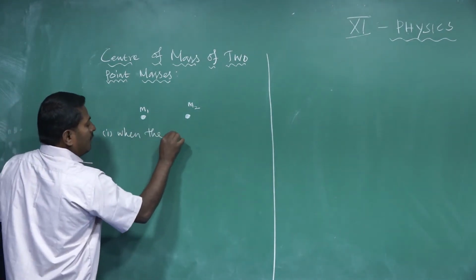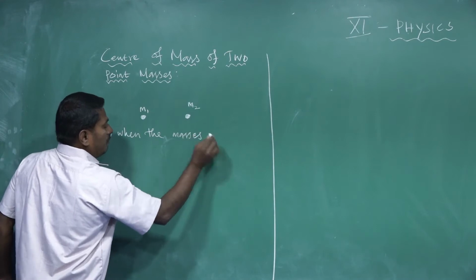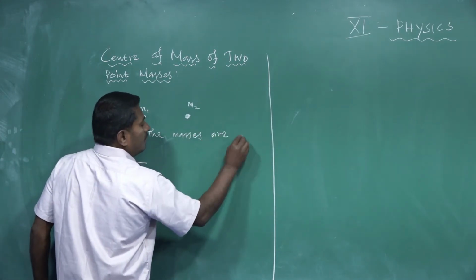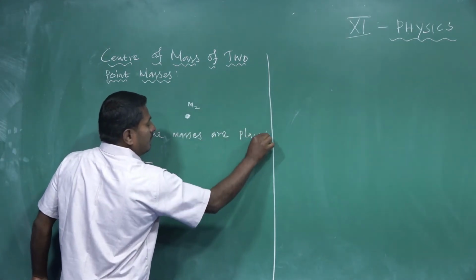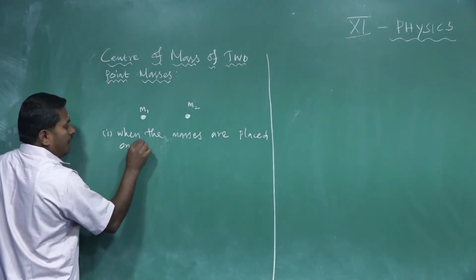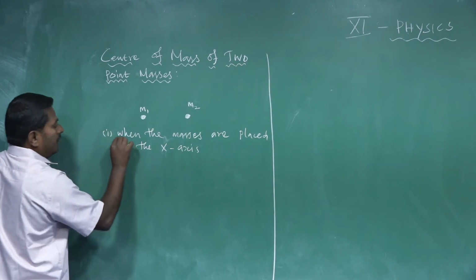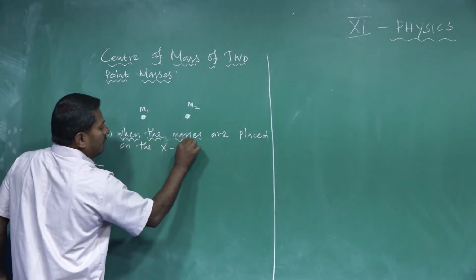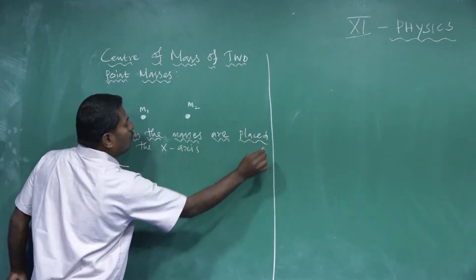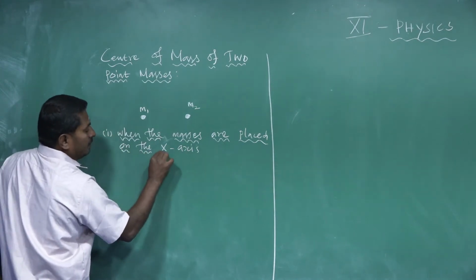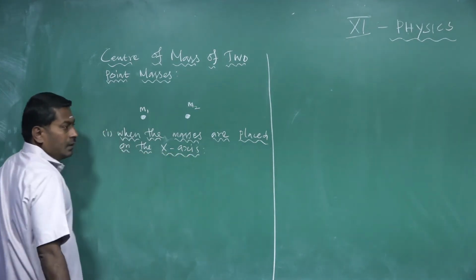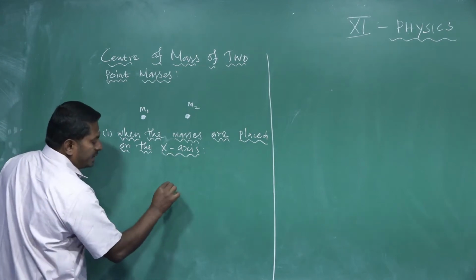When the masses are placed on the x-axis, this is one of the ways to determine the center of mass of the 2-point masses of the system. First we assume a coordinate system.